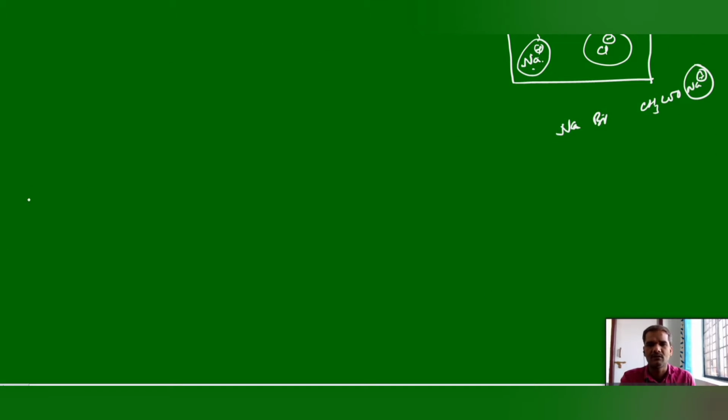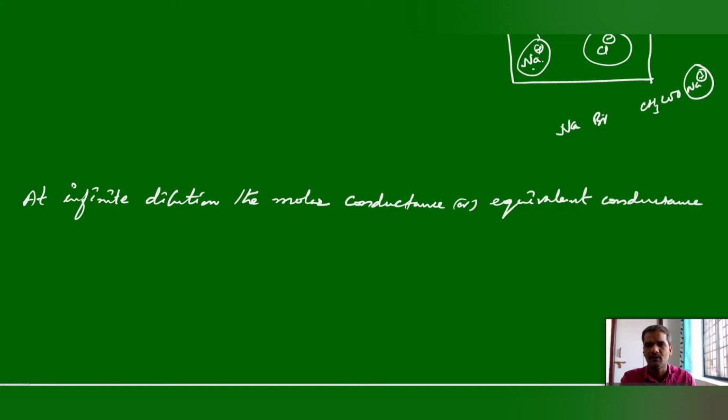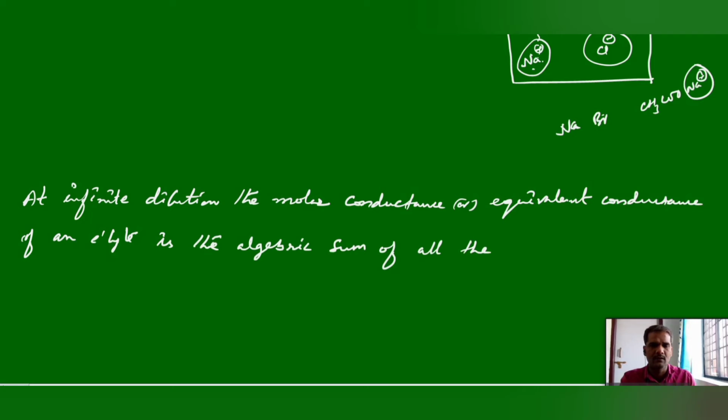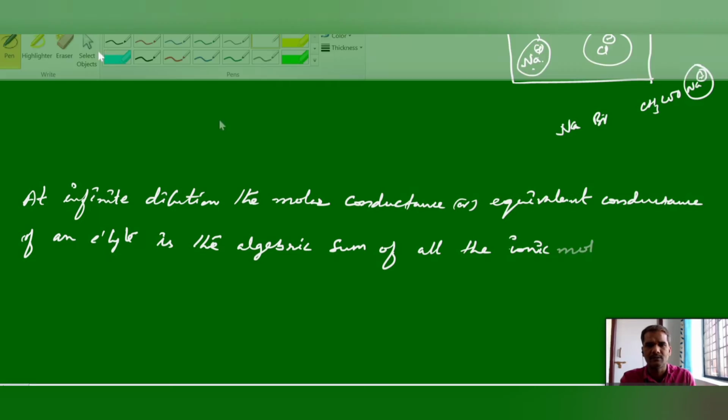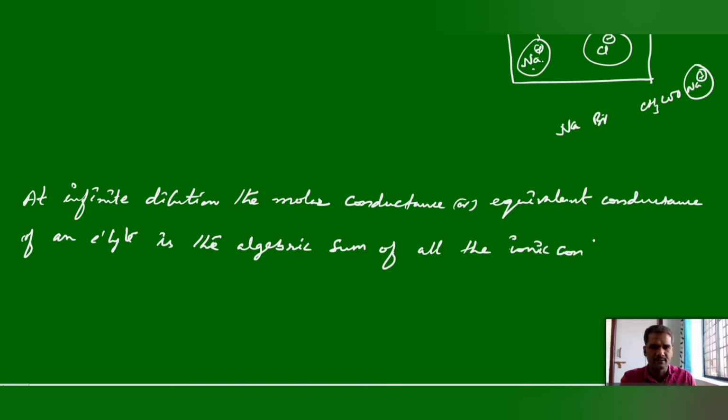The statement or definition for the Kohlrausch law: at infinite dilution, the molar conductance, or you can take equivalent conductance, of an electrolyte is the algebraic sum of all the ionic mobilities or ionic conductances of all the contributing ions present in that electrolytic solution.